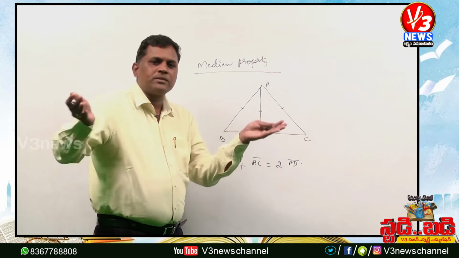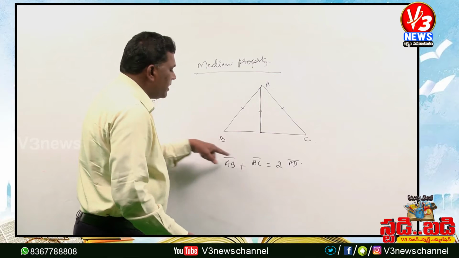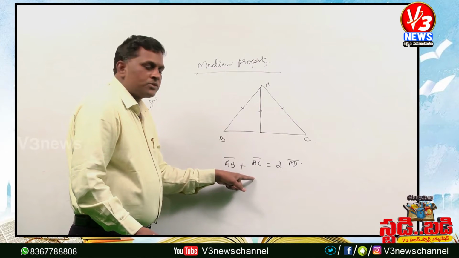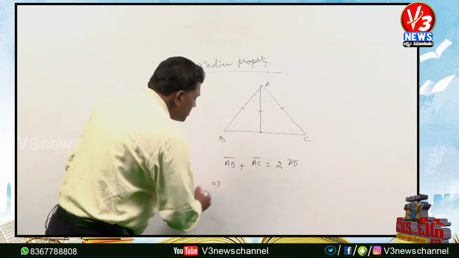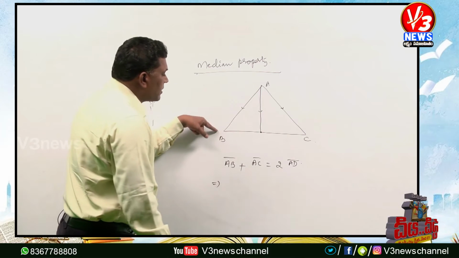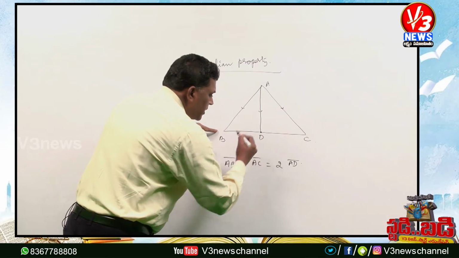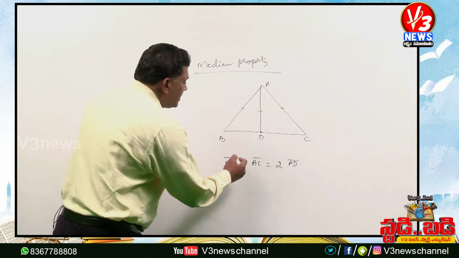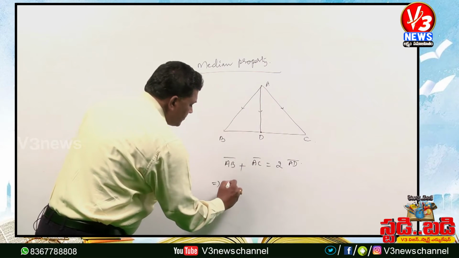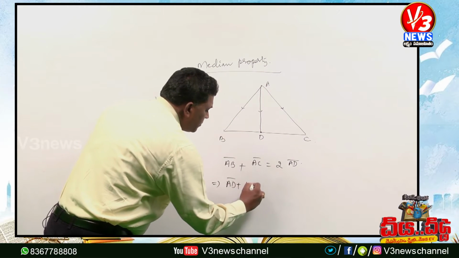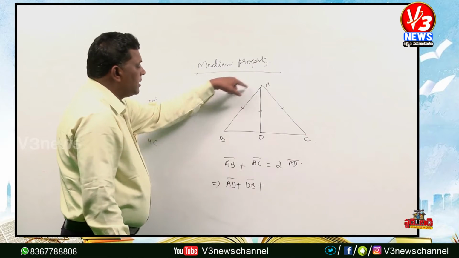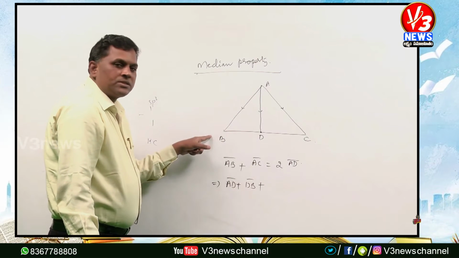Its proof is very simple. Here AB bar plus AC bar equals, just observe, suppose D is the midpoint of BC. Then I can write AB bar as AD bar plus DB bar.